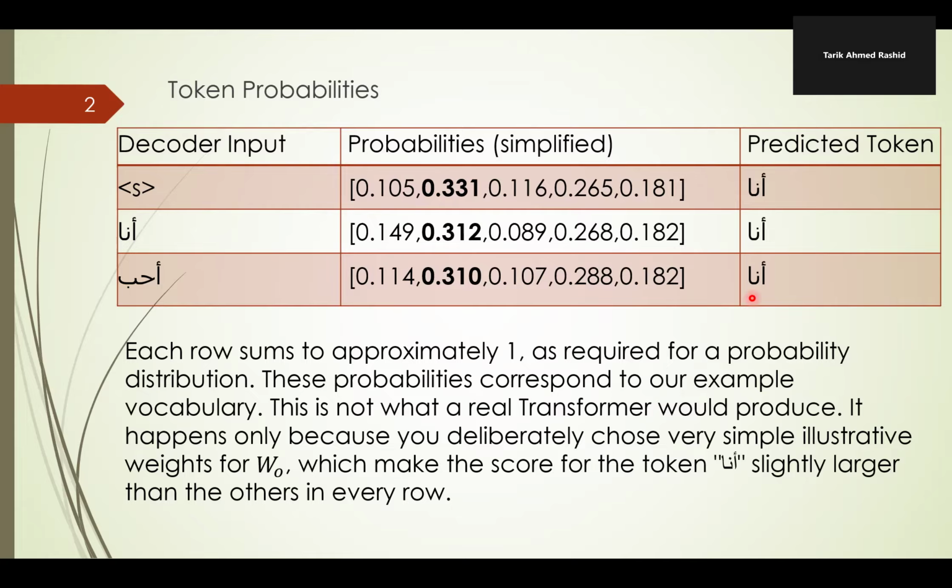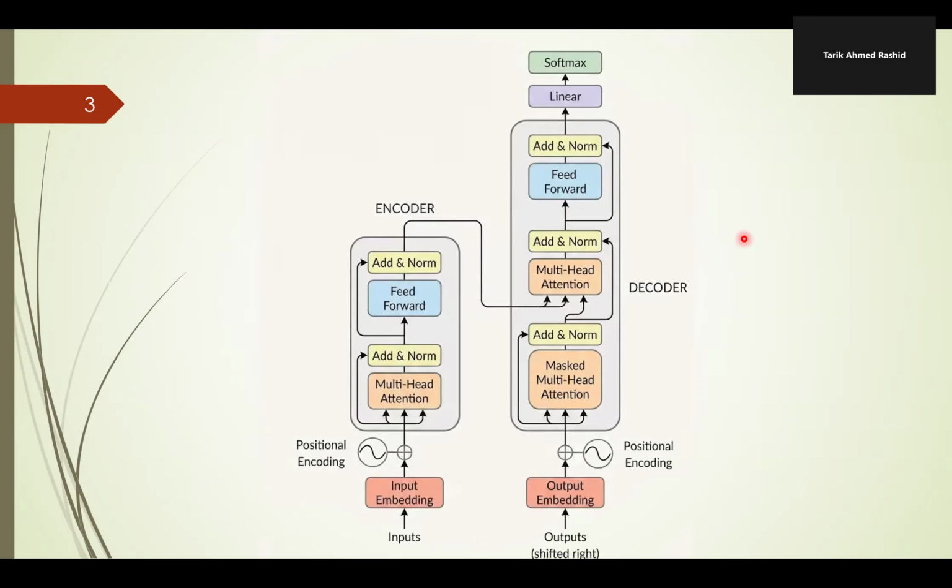You shouldn't have this output in real life. But we had it in this example because we took an example for learning, for teaching, and we had a weight matrix output with a simpler version of the values. So that's why, in each row, it predicted ANA, and it shouldn't. That's the idea for it.